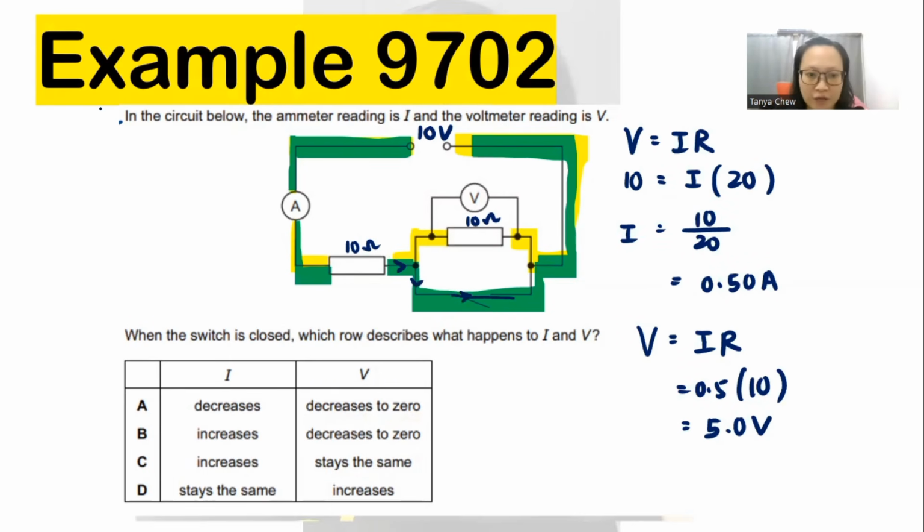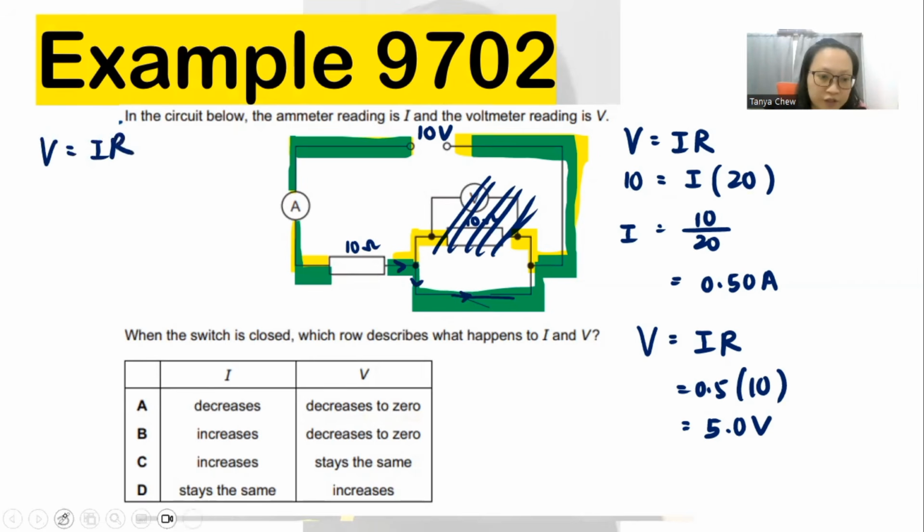For the final reading, this resistor is not counted as the current flows through only one resistor. I'm going to do my calculation, V equal to IR again, but I'm going to use a different color for you to see it clearer. So 10 is equal to I, and this R is related to only one R, which is 10 ohm. So I is equal to 1 ampere.